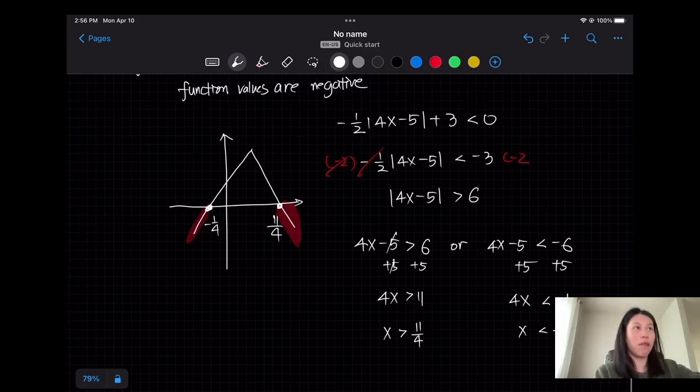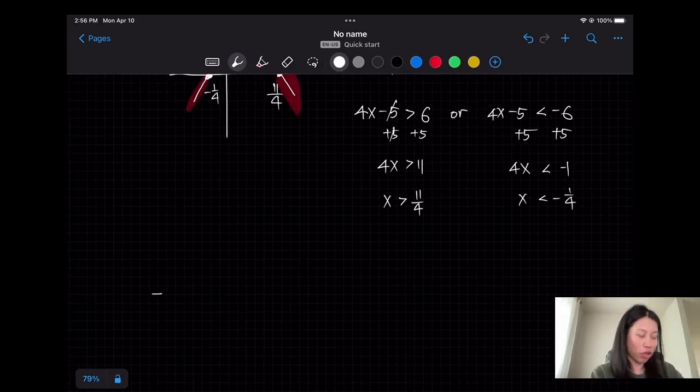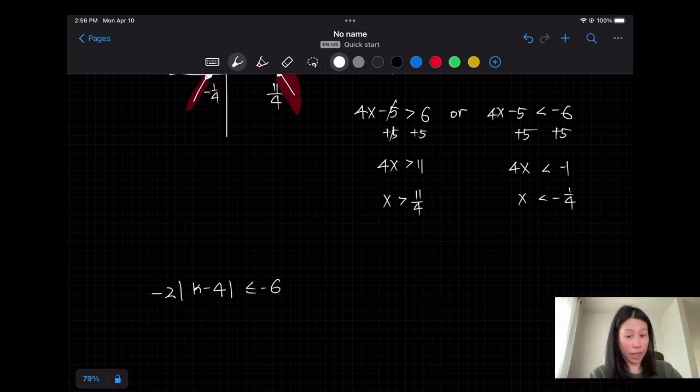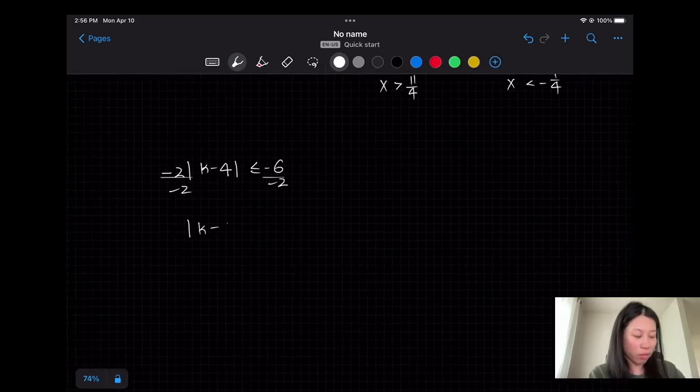But what if I have a calculation like solve -2|k - 4| less than or equal to -6. Again, we divide by negative 2 on both sides. In here, when you divide by a negative, you need to flip the sign. So that means I have |k - 4| greater than or equal to 3.